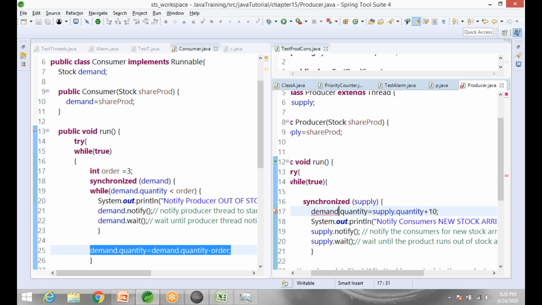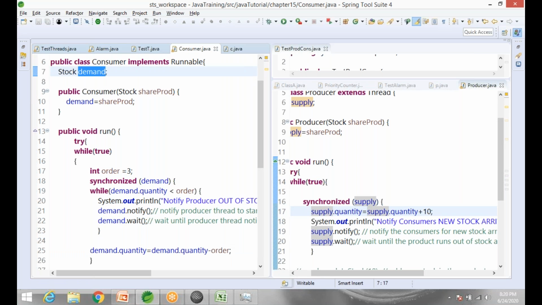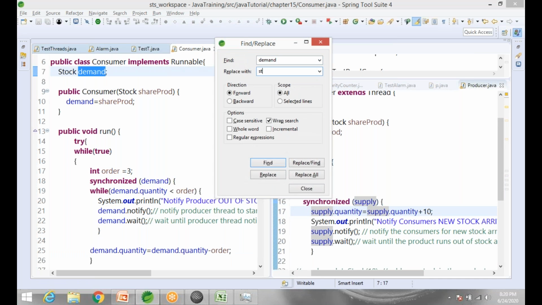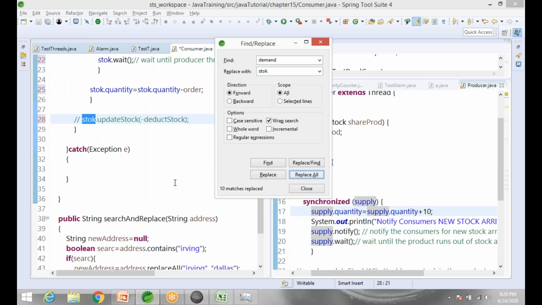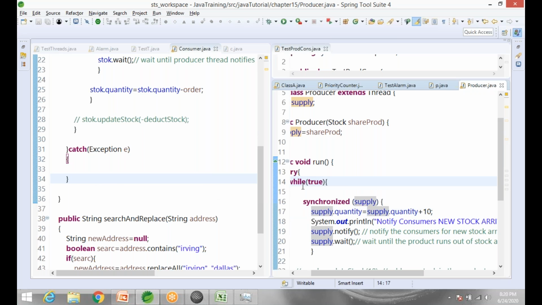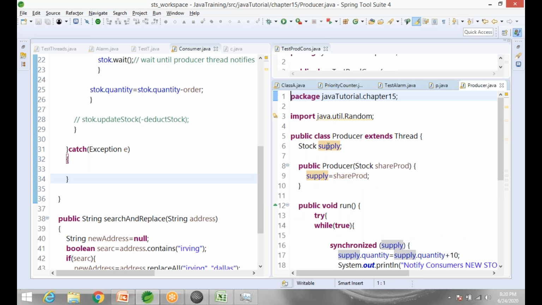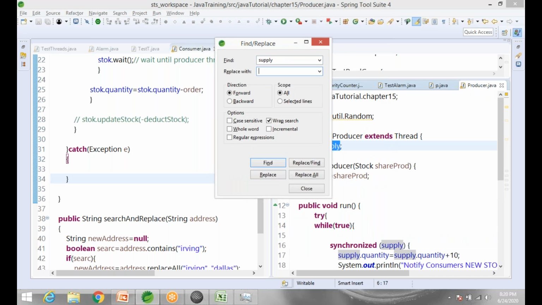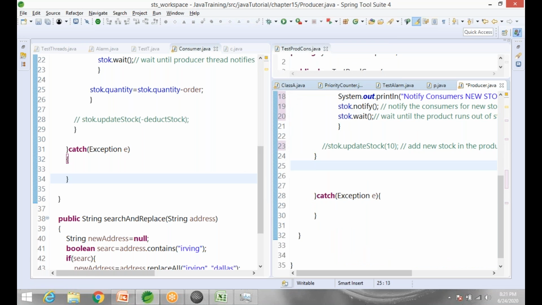Okay, if you guys are confused with the two different variable names, I can change them to stock for your understanding. Variable names can be different, but they are pointing to the same object in the memory. Remember that.